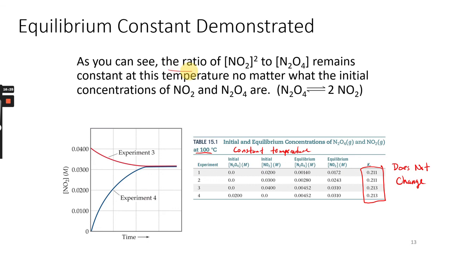So as you can see, the ratio of NO2 squared to N2O4 will remain constant at this temperature, no matter what your starting concentrations are. Okay? And you can see here, for experiment 3, you start up here and you end up over here. Experiment 4, you're starting way down here and you're going to end up here at your equilibrium. So your equilibrium constant is called a constant because it is constant.